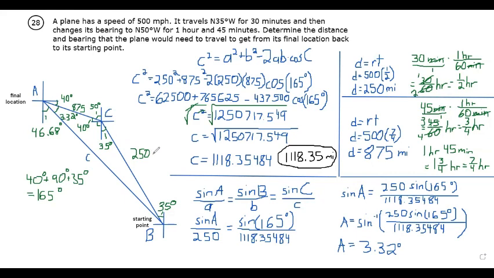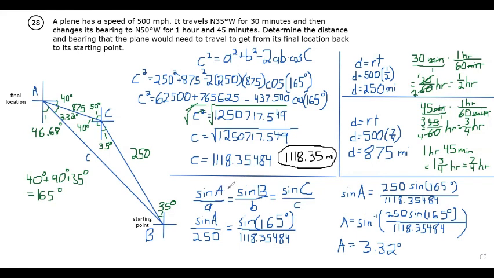To find angle A, we can use the law of sines, which is sine of A over A is equal to sine of B over B, which is equal to sine of C over C. And this particular trigonometric identity will help us determine what our missing angle A is.